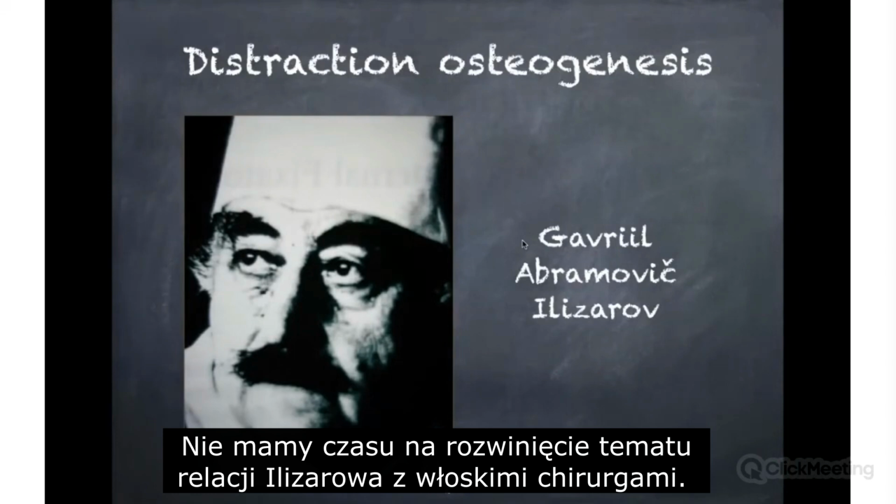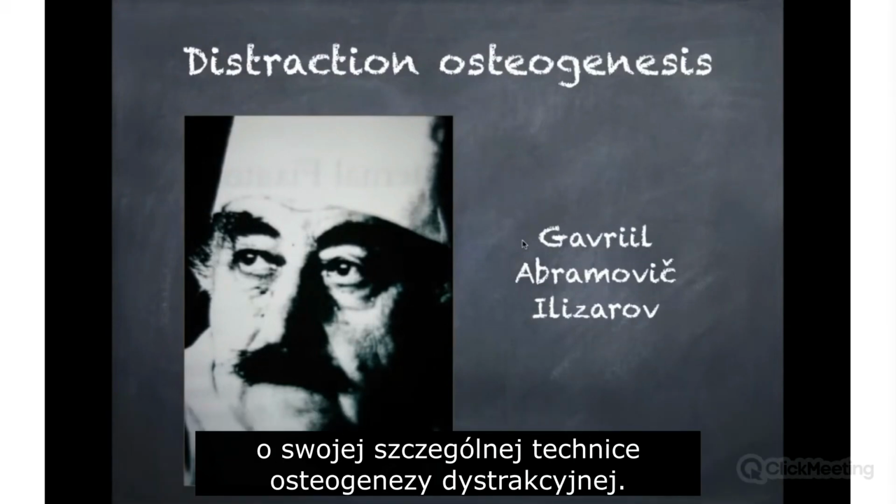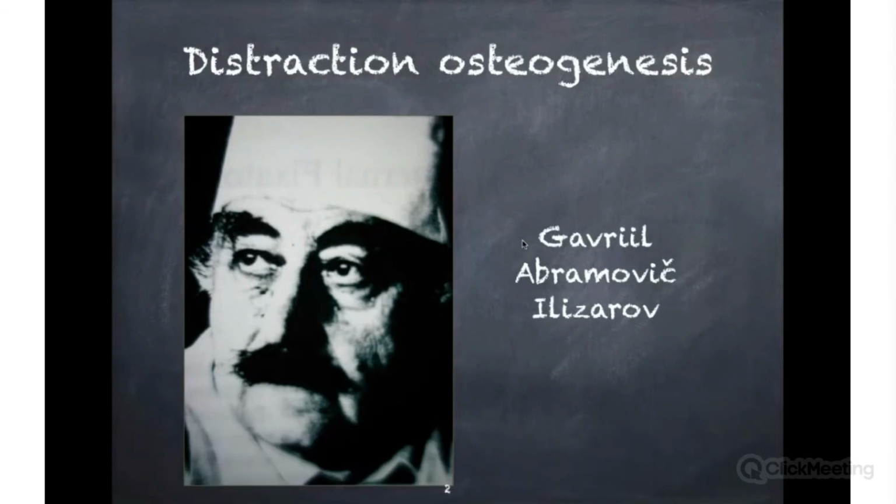We do not have time enough to enter the story of the relationship between Ilizarov and Italian surgeons, but just to say that Ilizarov was first hosted by the Italian Orthopedic Society on the human side, of course, in 1982, with this very specific technique for distraction osteogenesis.